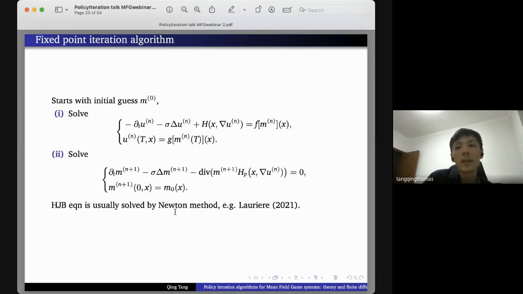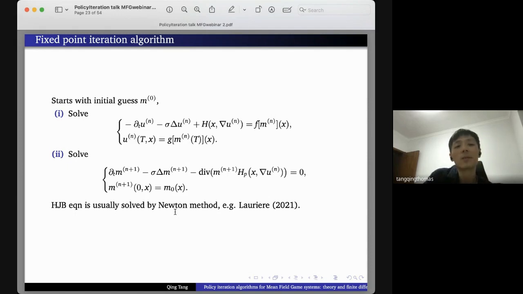Okay, let me compare this with a fixed point iteration and fictitious play. Fixed point iteration: start with an M, get a U, and get another M. If you use a fixed point iteration, it's not linearized because you still need an inner iteration to solve the HJB equation, and it's typically done by Newton method, which is explained in the paper by Mathieu Laurière in 2021.